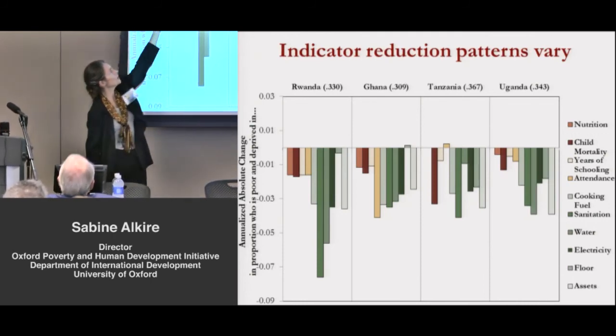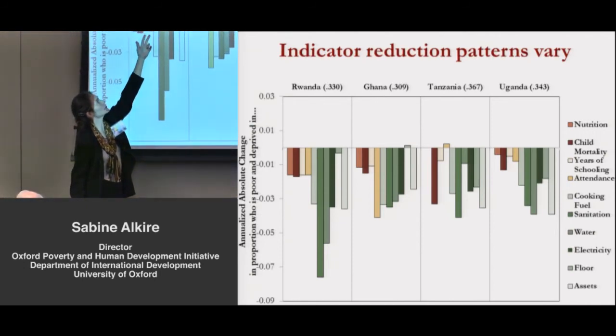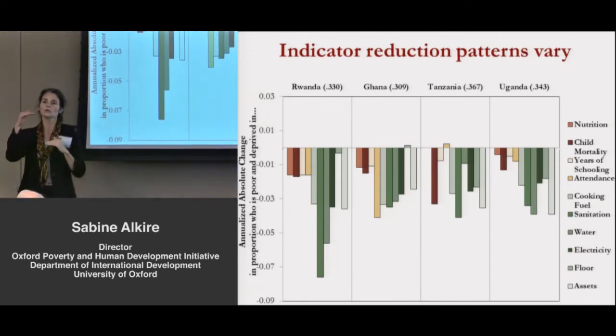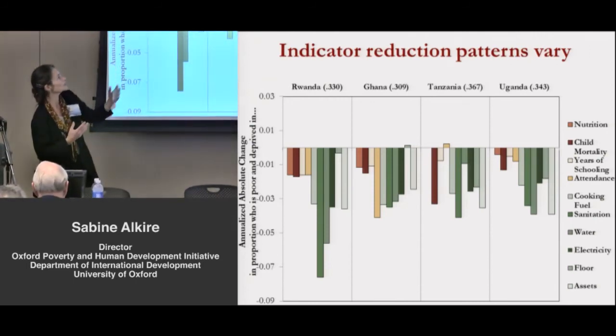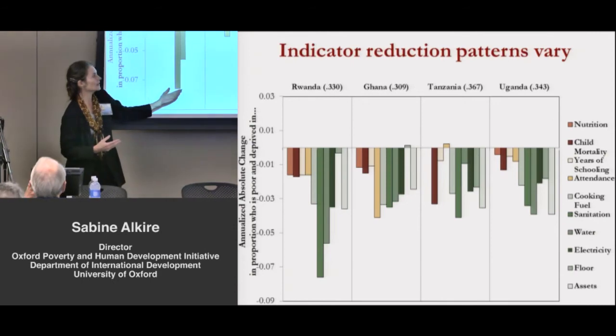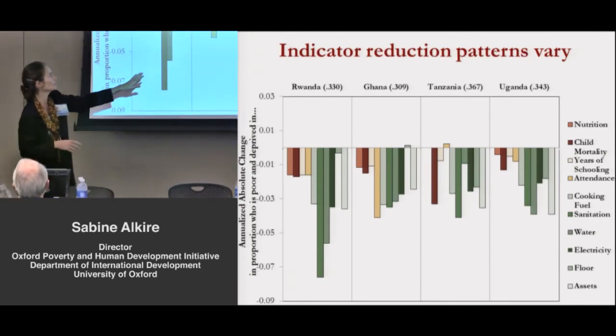So for example, in Rwanda, you can see that nutrition, child mortality, years of schooling, and school attendance were all reduced by approximately the same amount, and those are the highest weighted indicators, and that there was a very strong reduction in sanitation and water.